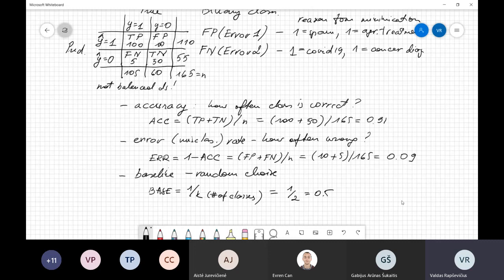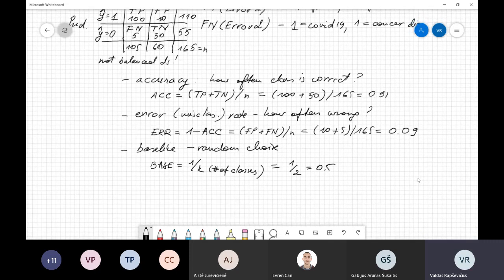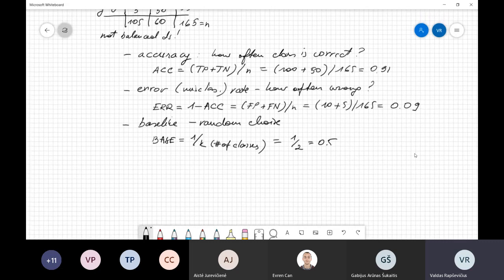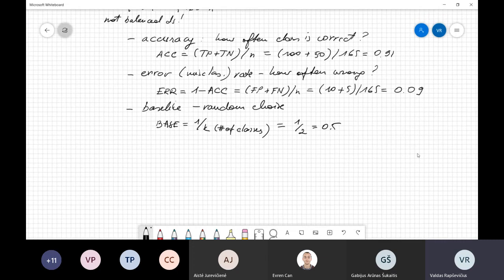So getting 0.5 is a no-brainer. Any classifier that performs worse than 0.5 means you did something wrong: you created a classifier that performs even worse than the random choice. This is the baseline that you have to communicate and understand. The 0.5 is just a random guess for this specific case. Comparing 0.5 to 0.91, 0.91 is much, much better.